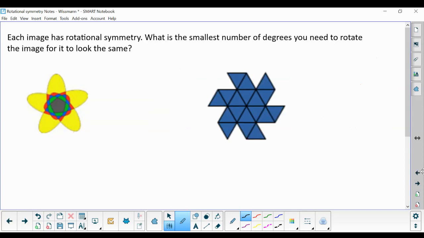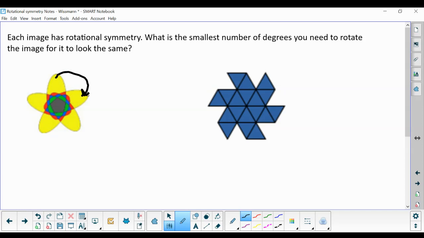A type of question you could get asked is, what's the smallest number of degrees you need to rotate it before it looks the same? To figure that out, I need to count how many turns it takes to go all the way around. If I start with this petal and rotate it to this petal, that's one turn.